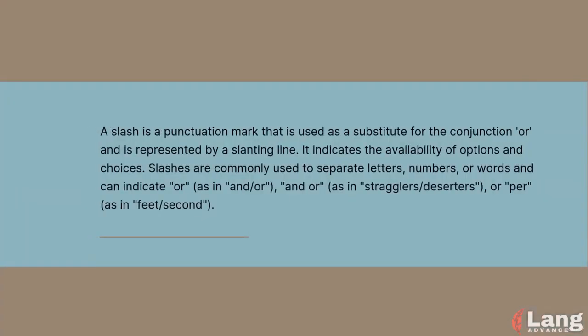Slashes. A slash is a punctuation mark that is used as a substitute for the conjunction or and is represented by a slanting line. It indicates the availability of options and choices. Slashes are commonly used to separate letters, numbers, or words and can indicate or, as in and/or, or per, as in feet/second.